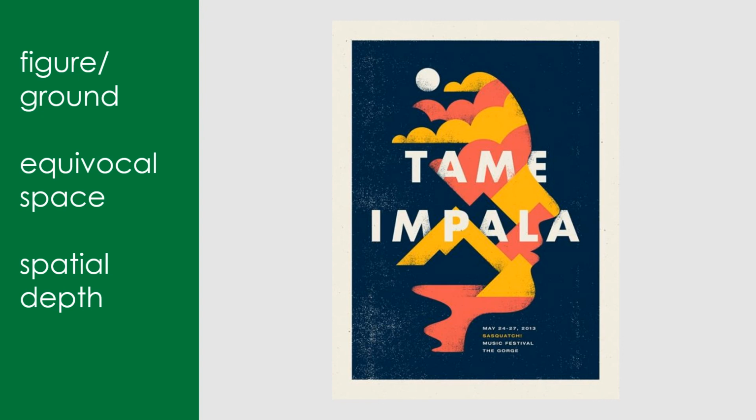So again, there are a lot of senses of depth happening within this one seemingly static, simple composition. There's also this extra element of texture, right, where it all has that distressed ink print feel to it as well, which adds another layer of depth to the poster, because then it feels like it's actually ink being pressed onto paper.